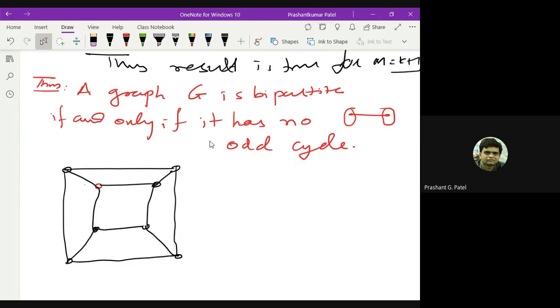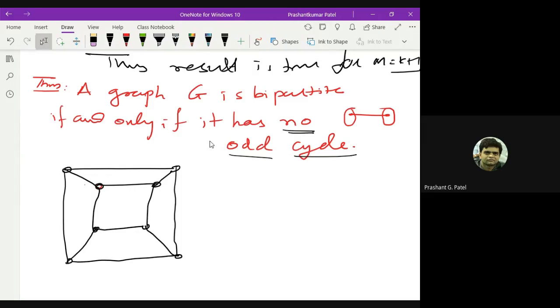what will you do? As per this, G is bipartite if and only if it has no odd cycle. A cycle I already discussed. An odd cycle means the number of edges in that cycle will be odd. That is called an odd cycle. Can you find any odd cycle in this graph?